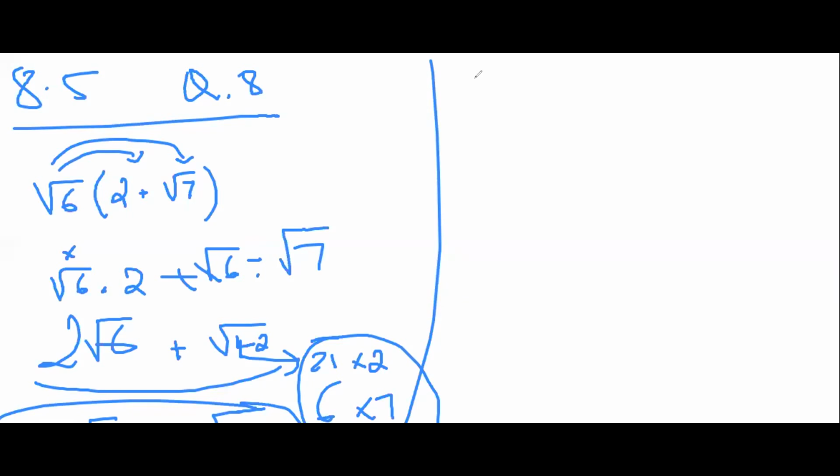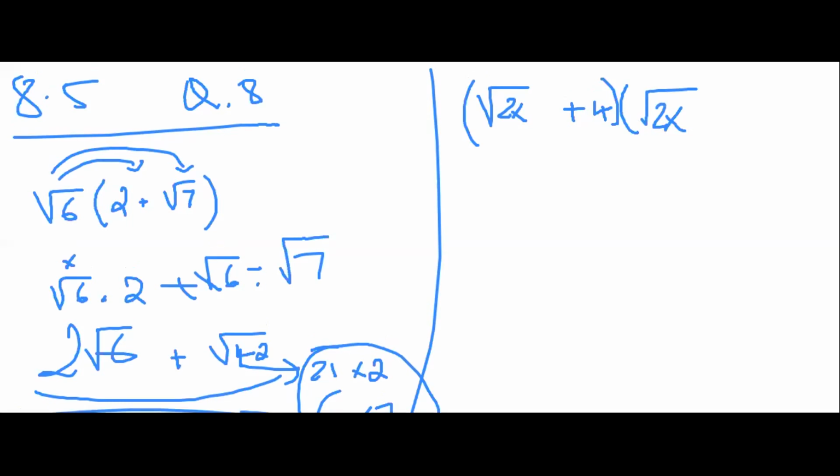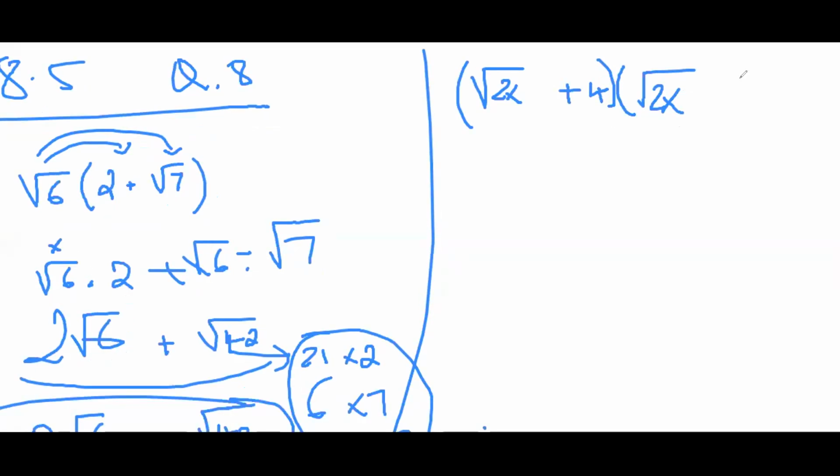But actually, let me just make one up. Let's say radical 2x times radical 2x plus 4. This is similar, because 23, 24, 25 are all in the homework, so I'm making one like this.